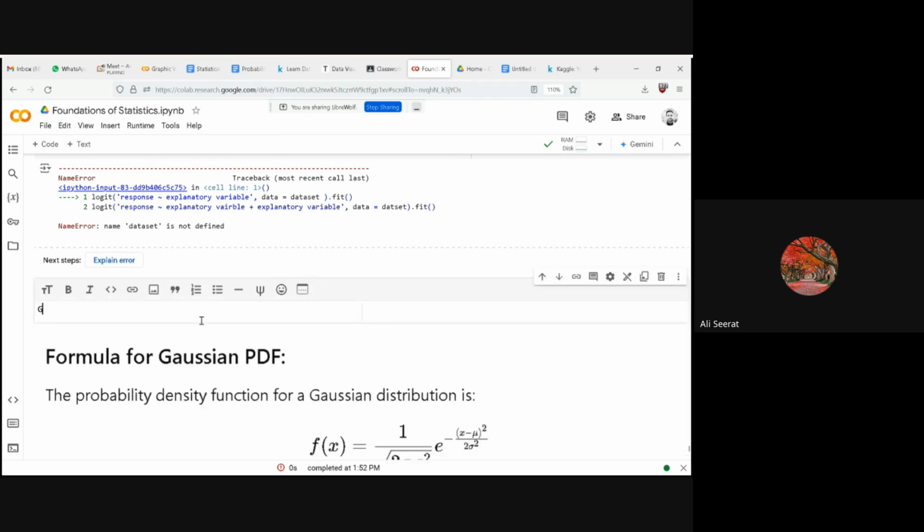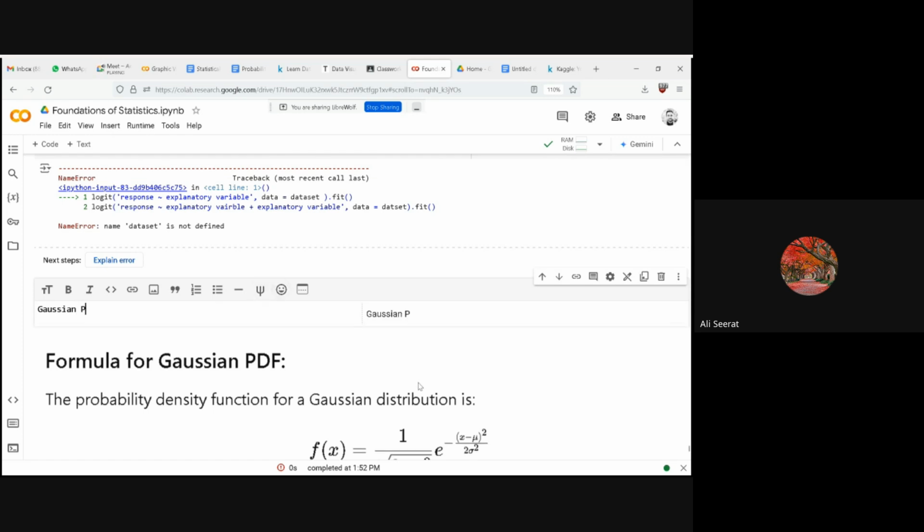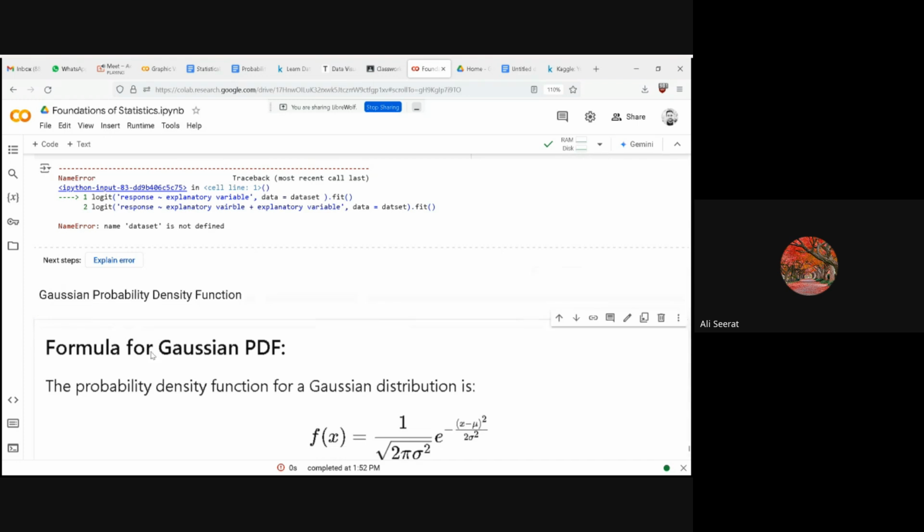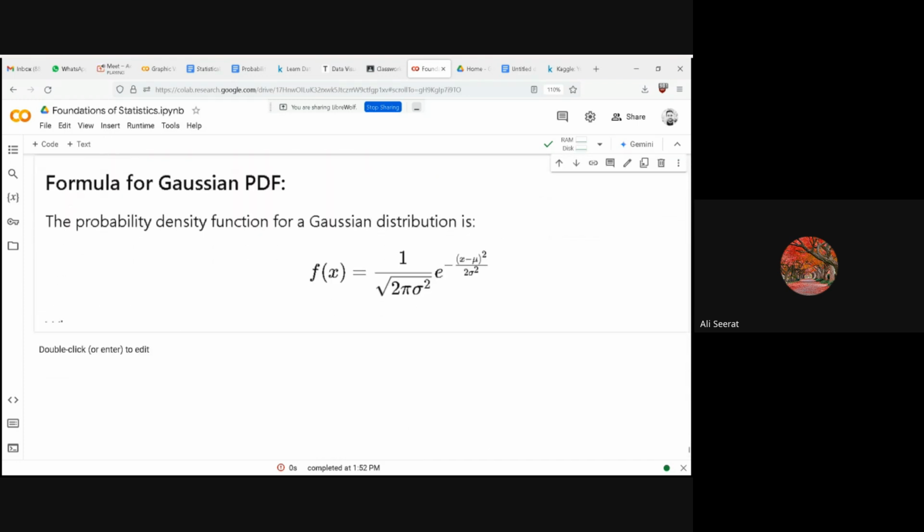It will be Gaussian density function. So this is how you will be understanding it, and this formula is a bit difficult, but still you can understand it.